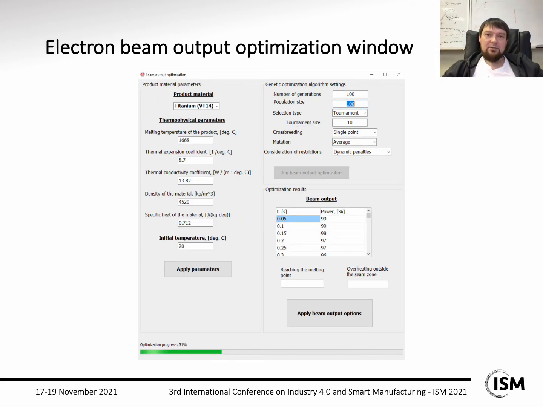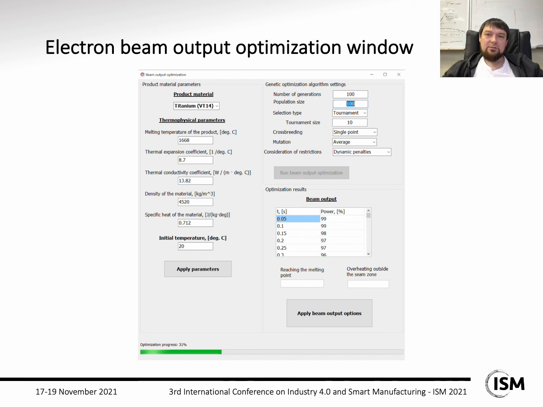So the next slide presents the optimization window of the software system. The system allows you to form a discrete optimal trajectory of the beam output. On the presented form, the material for which welding will be performed, aluminum, titanium, copper, stainless steel, and other alloys, is selected. Thermophysical parameters are also set.